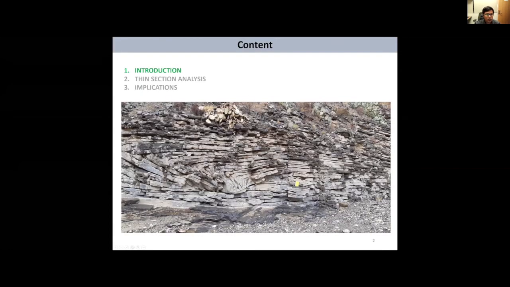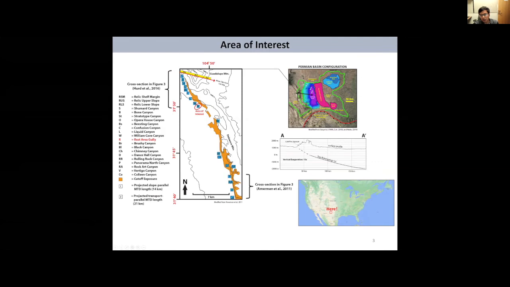Okay, so introduction. In the map below is the United States, and the red box sits on the border between Texas and New Mexico. If we zoom in, this is what the Permian Basin looks like, and the green line signifies the edge of the basin. So the outcrop is essentially on the slope part of the basin.